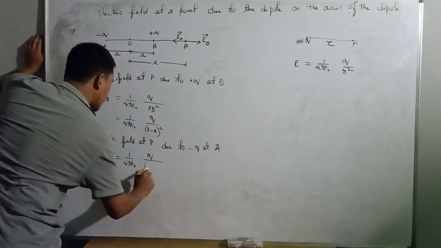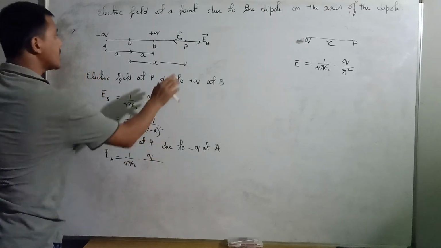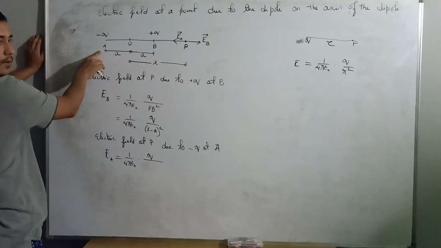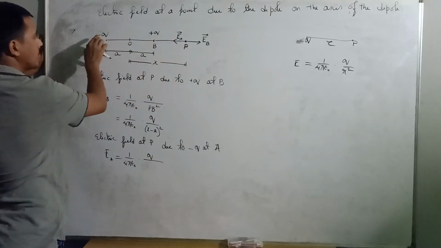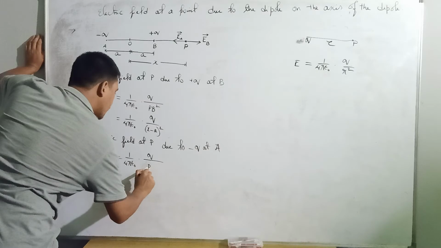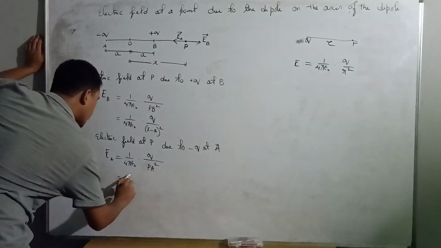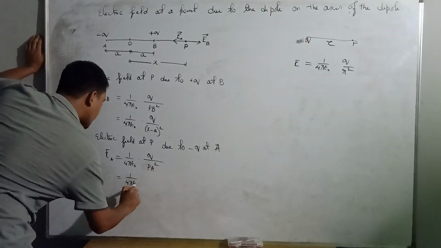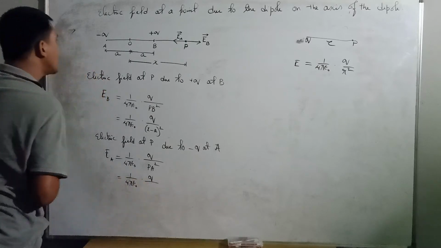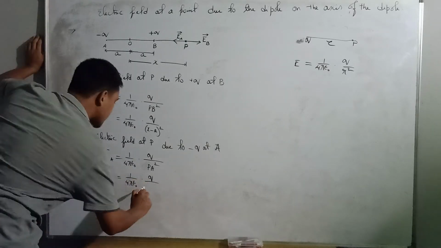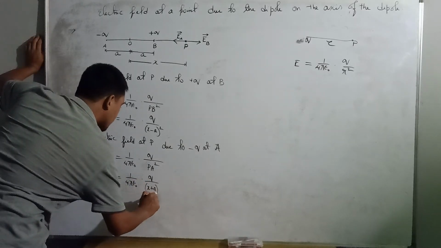The distance of this point P from this charge is PA, so PA square. So that's 1 by 4 pi epsilon naught into Q by, what is your PA? X plus A. So X plus A square.